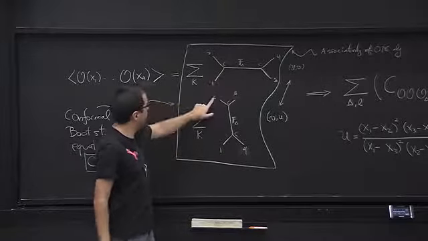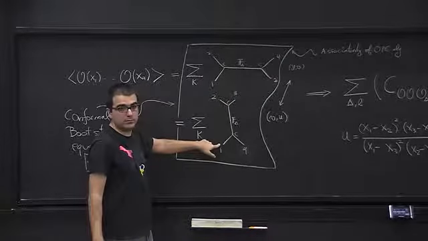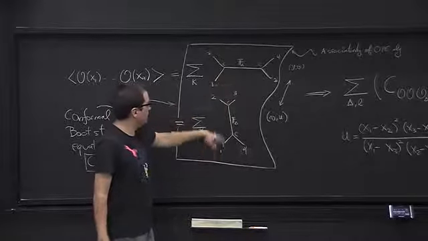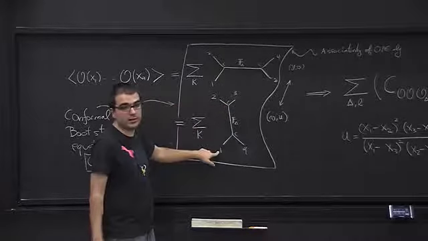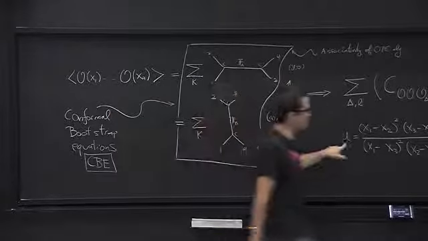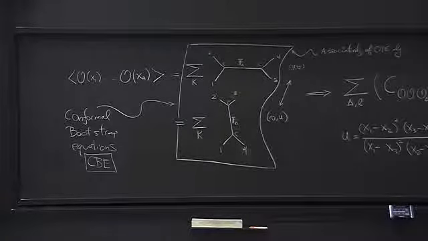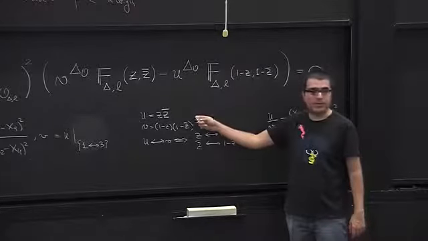You see that now you are just exchanging the role of 1 and 3. These two pictures differ just by exchanging 1 and 3, and 1 and 3 is exactly what interchanges V and U. V is defined as U with points 1 and 3 interchanged, and that is the same as changing Z to 1 minus Z and Z bar to 1 minus Z bar.